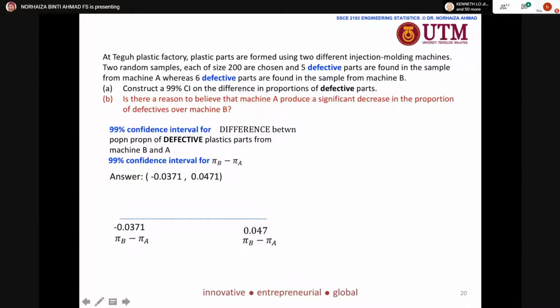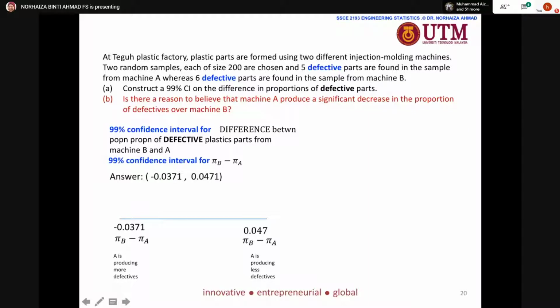Right. In this case, I'm going to do a proof by contradiction. If I have this value, here means that A is producing more defective. Here A is producing less defective.